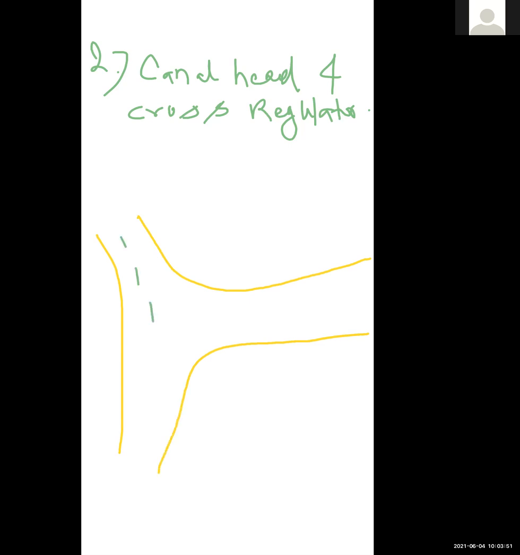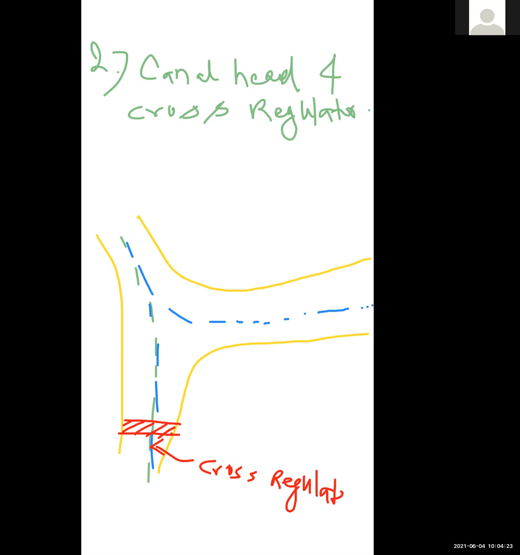So this part of the water is here. This type of water flows through the branch canal. So here we construct a cross regulator, and here we have to provide a canal regulator or head regulator.